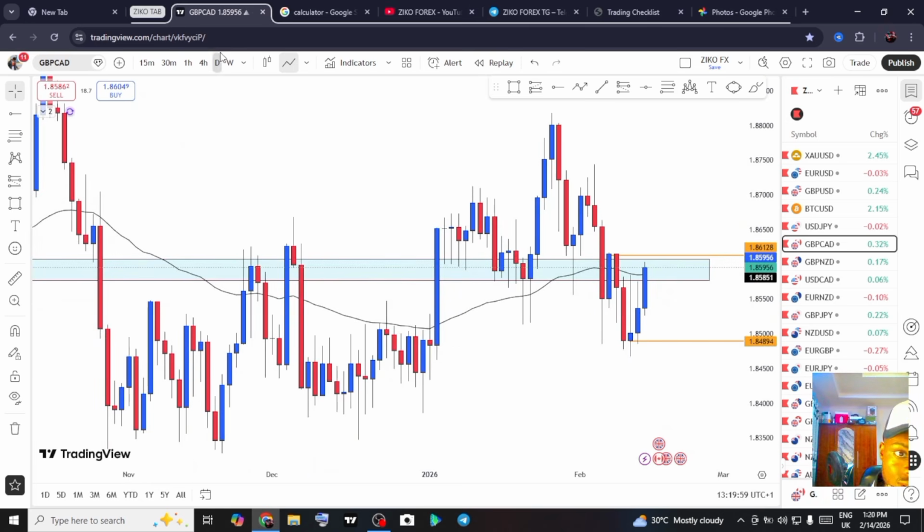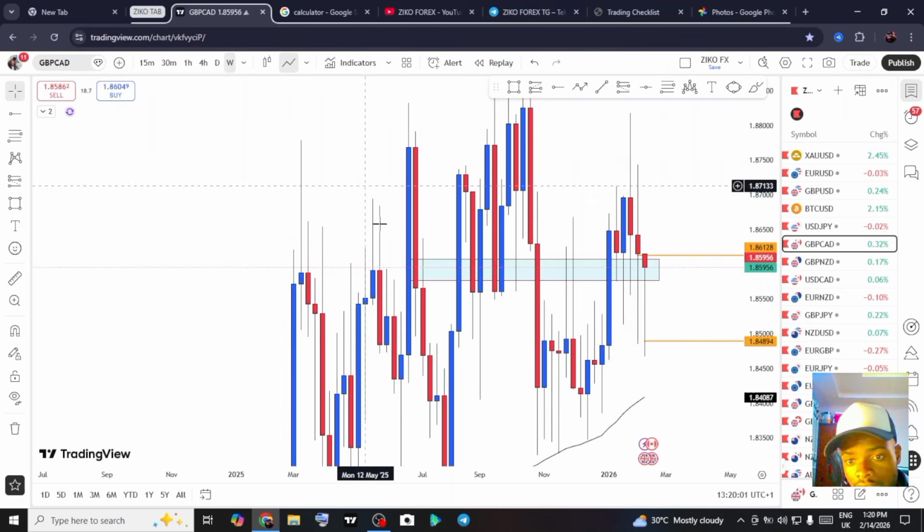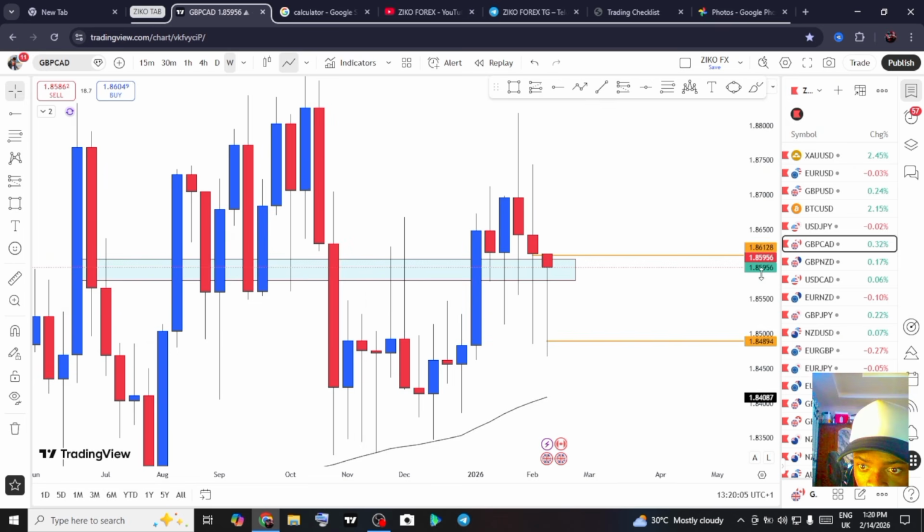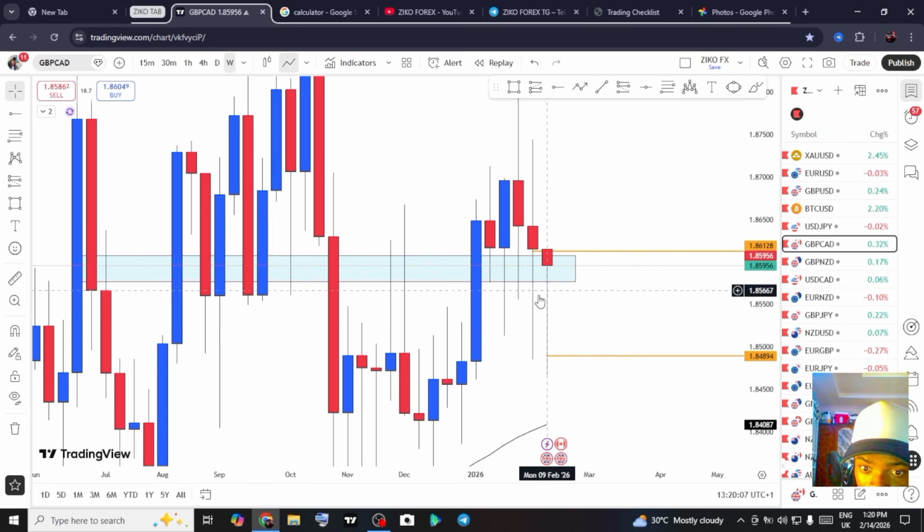Weekly, let's see. Weekly time frame, I don't like how it's looking, right? Weekly time frame, now that to me is a pin bar, right? That is a pin bar. Only if it was the daily time frame, I would expect that the daily time frame could actually fill that week. But this right here is a pin bar, and it is a Marubozu pin bar, by the way, because now we don't even have a wick to the top.